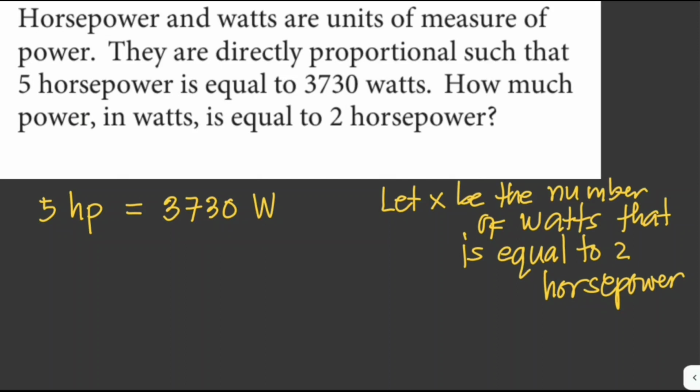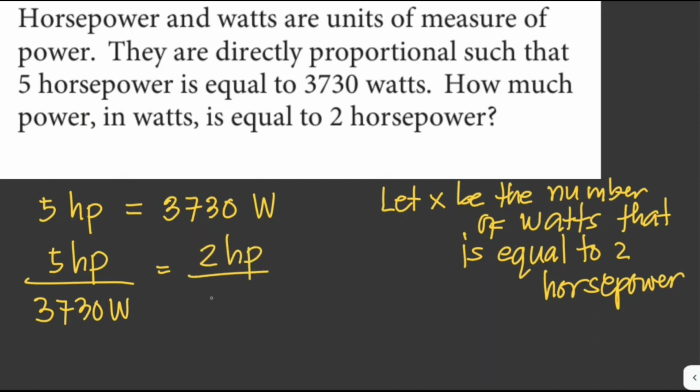So we can use ratio and proportion here. So that would be 5 horsepower is to 3,730 watts, and then 2 horsepower is to x, because we don't know x, and then we can solve for x.